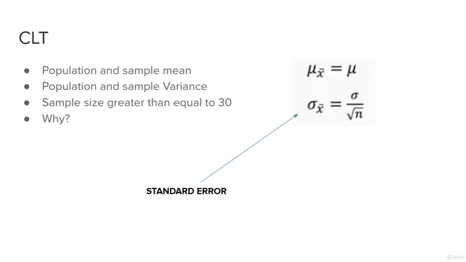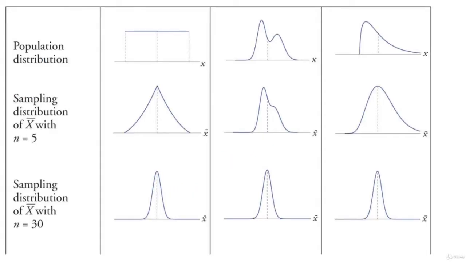Why? Let's look at an example to further illustrate this. The population distribution looks like the topmost row. When we plot the population distribution, we have three examples. Whenever we sample a distribution of X and we calculate and sample the means, let's say n equals 5, which is less than 30.